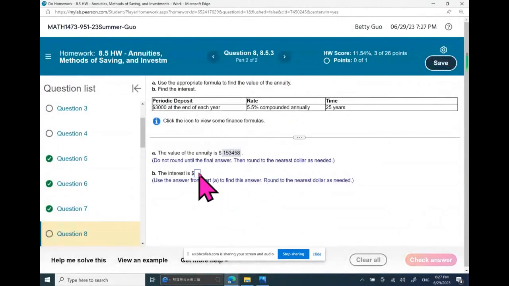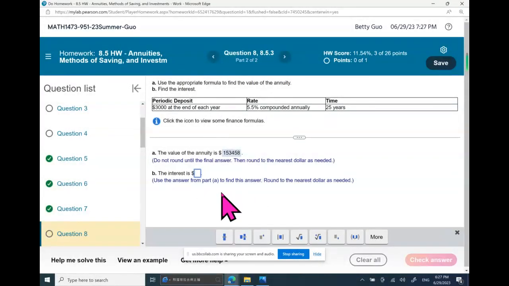The interest. Okay. Excuse me. What is the interest of the annuity? How do we find out the interest of the annuity?